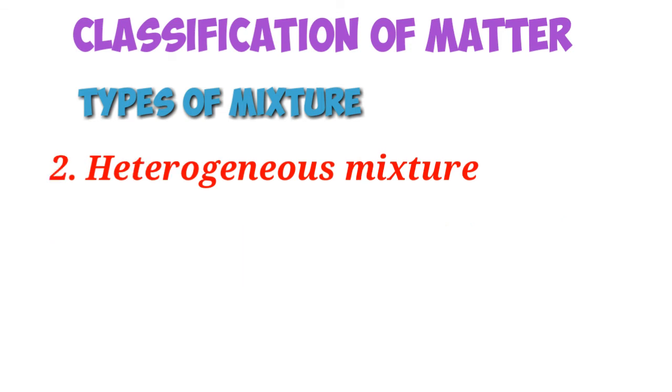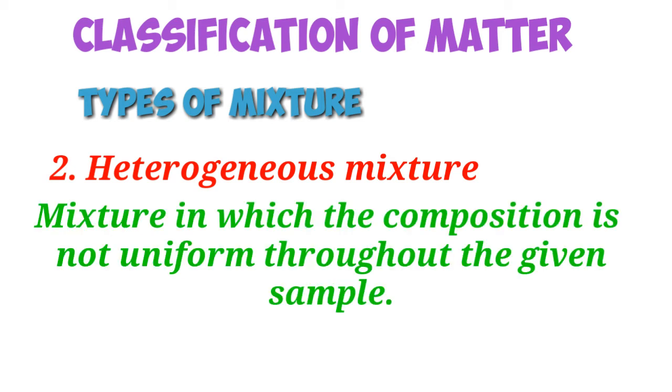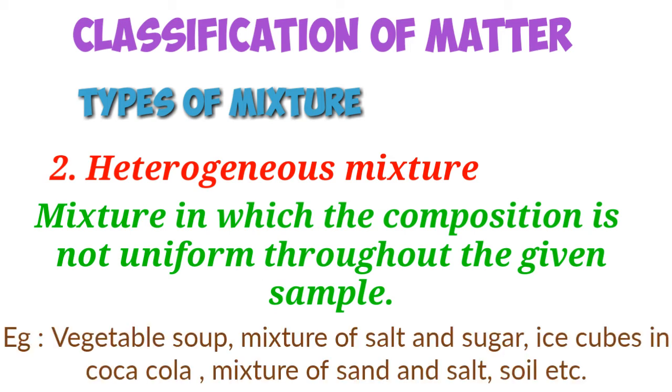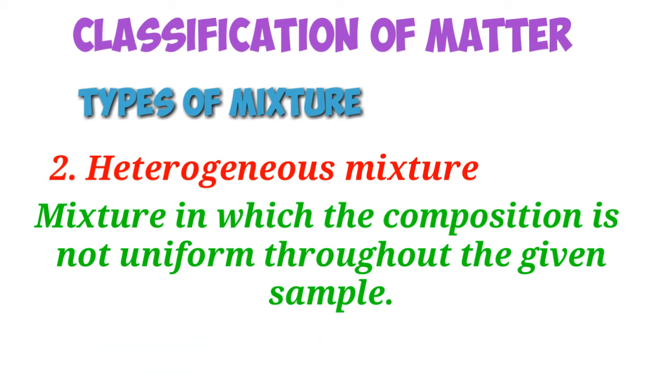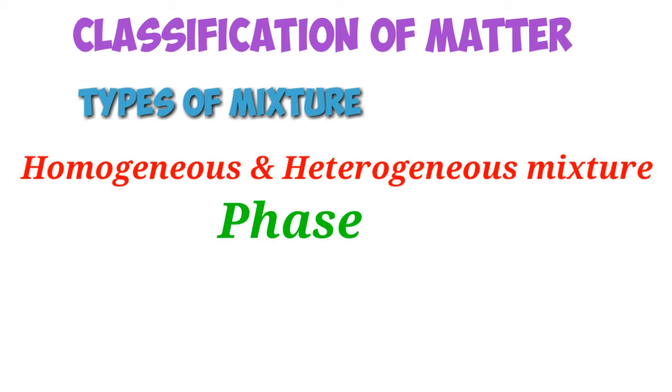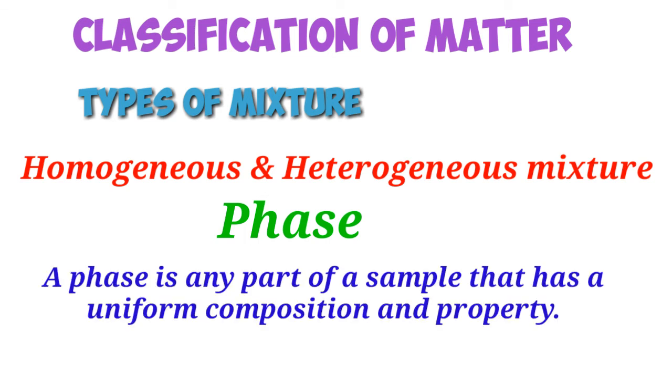Next one, heterogeneous mixtures. A heterogeneous mixture is a mixture in which the composition is not uniform throughout the mixture. For example, vegetable soup. Any given spoonful of soup will contain varying amount of the different vegetables and other component of the soup. Another word you want to study relating to this topic is phase. A phase is any part of a sample that has a uniform composition and properties.